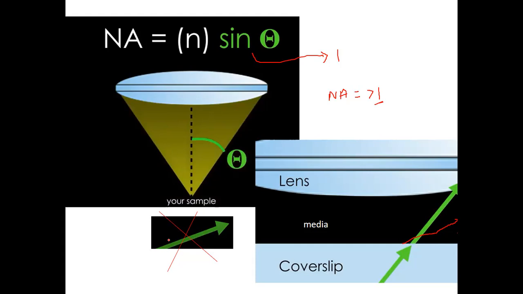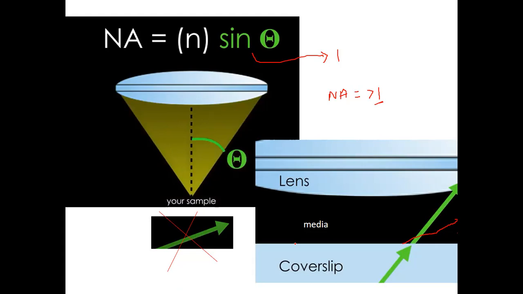So when we consider the different types of objectives, we know that the oil immersion is the best one, because what we are adding here is the oil, between your cover slip and lens. Whereas the dry objective image quality will actually get worse.